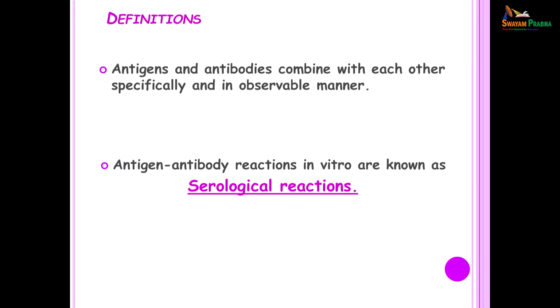Now, let us move on to some definitions. Antigens and antibodies, when they combine with each other specifically and in an observable manner, these type of reactions are called antigen antibody reactions, and the ones which are conducted in vitro, that is outside the body, are referred to as serological reactions.